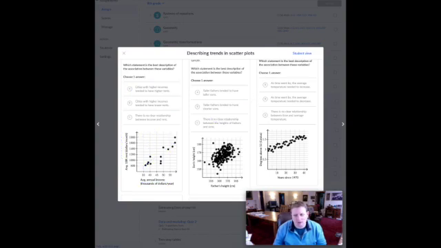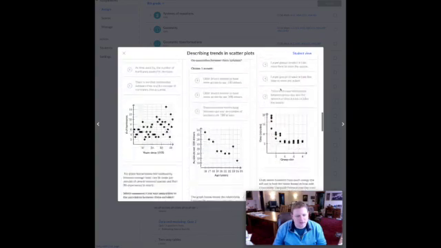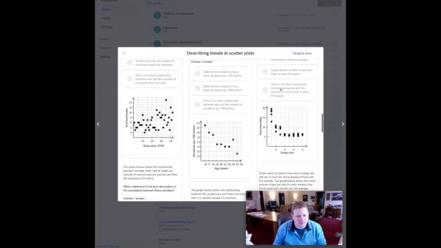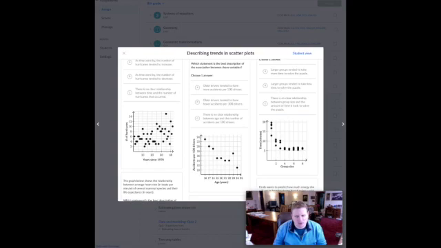And let's find one that has a negative correlation. All those are positive. Oh, we got one right here. It says, which one describes this? Well, as you get older, your accidents decrease. As the age is getting bigger, your accidents are going down.